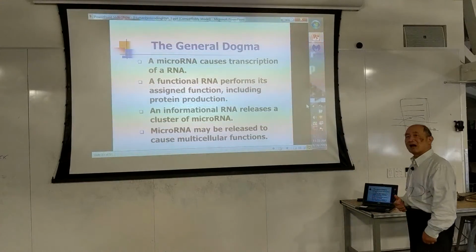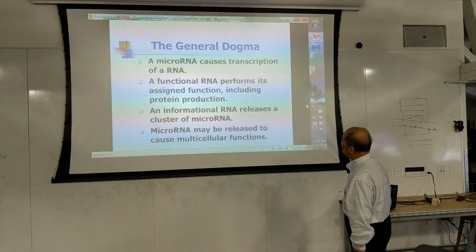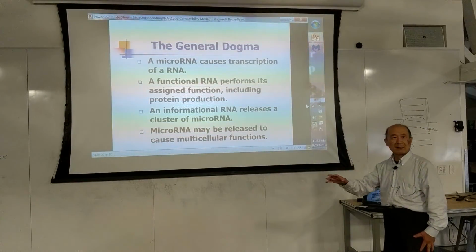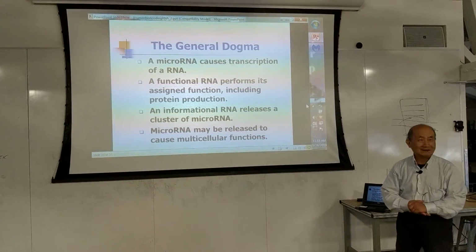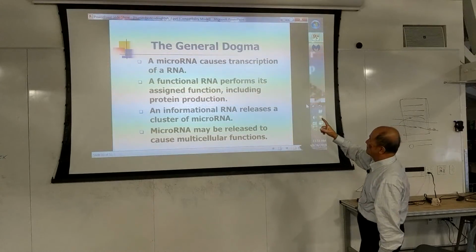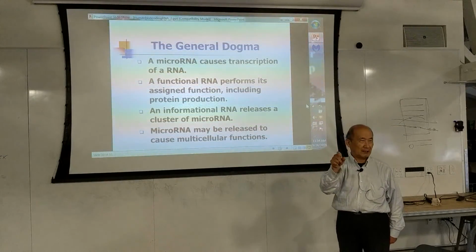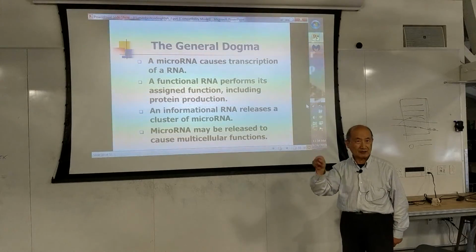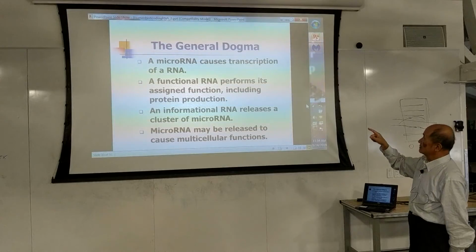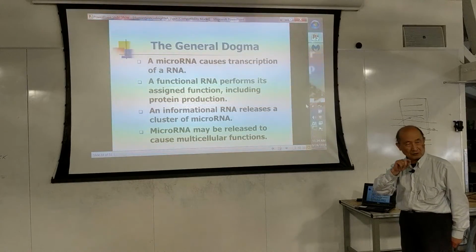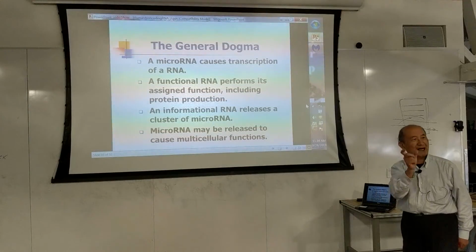So I'm proposing a better dogma which explains everything. I propose that microRNA is the key of the cell computer. MicroRNA causes transcription of an RNA. The microRNA's function is to go to the DNA, find the code that's in there, and transcribe it into an RNA.